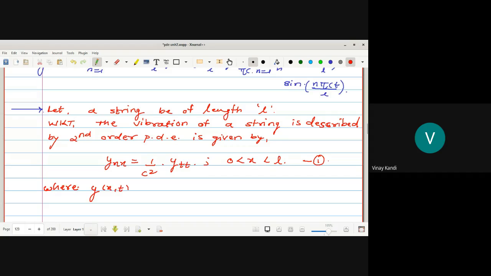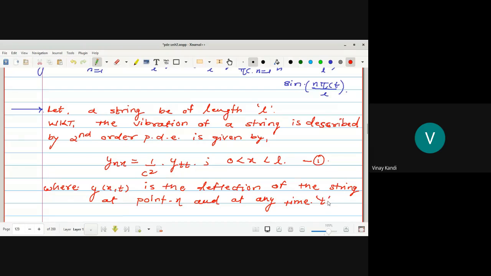y of x,t, y is the function of x,t, is the deflection of the string at any point x and at any time t.